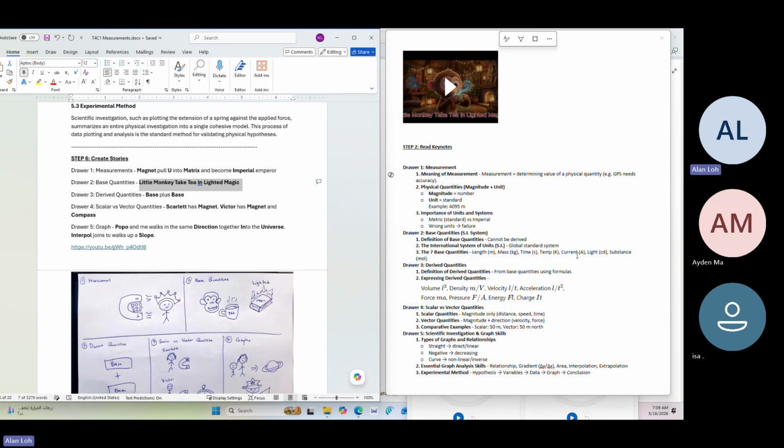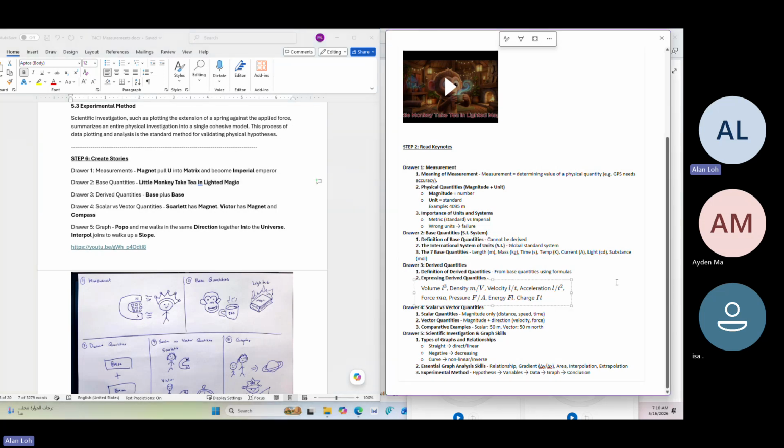If you read, yes, we went through electricity. I still remember first drawer is the current. Current, the symbol, if you still remember, is I. So that's why I put in I. Then light is lighted. It sounds even easier to remember this one. Then substance is magic, mole.